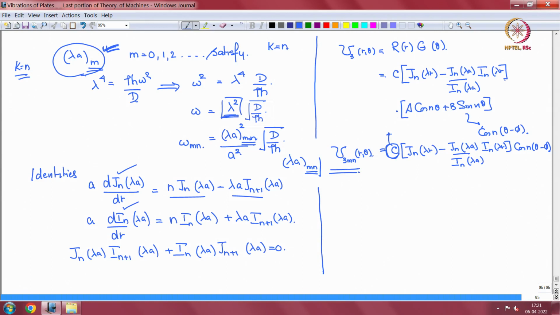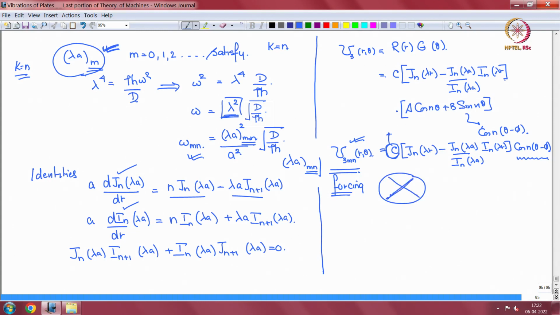So we have found the mode shape and the corresponding natural frequency. Now one thing is that unless the forcing is decided, which way the mode will be oriented will not be known. Just as a mode shape, how a mode will be oriented will not be known.